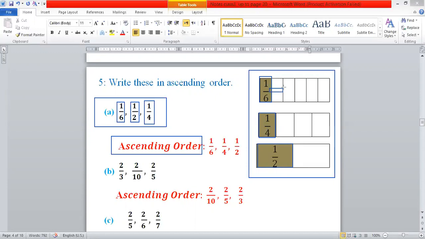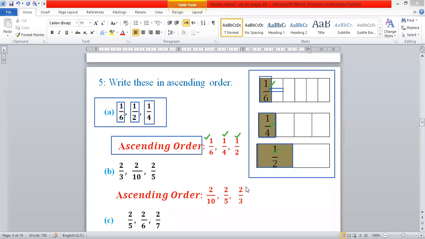So this is smaller, and 1 over 4 is greater than 1 over 6, and 1 over 2 is greater than 1 over 4. Therefore, first we write 1 over 6, then 1 over 4, then 1 over 2.